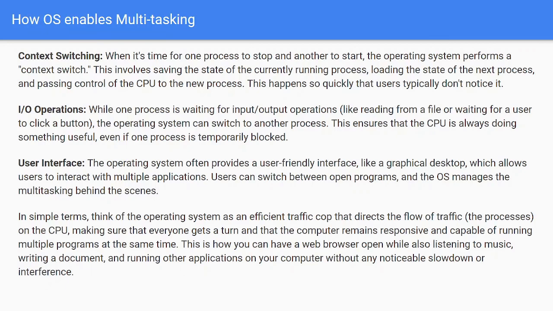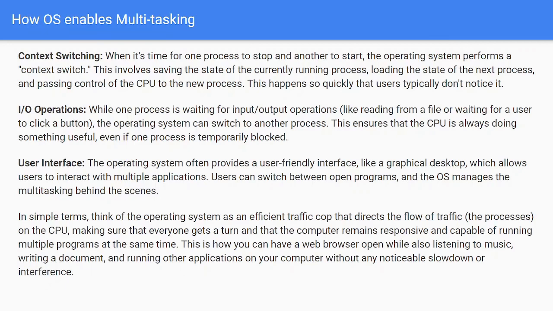So it directs the flow of traffic, which is the processes on the CPU, making sure that everybody gets a turn and the computer remains responsive and capable of running multiple programs at the same time. This is how you can have a web browser open while listening to music and writing a document and running other programs on your laptop without a noticeable slowdown or interference.